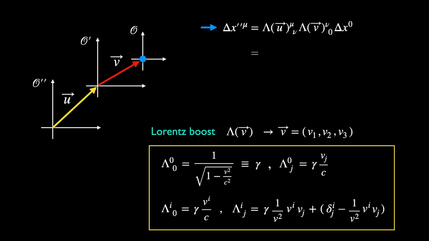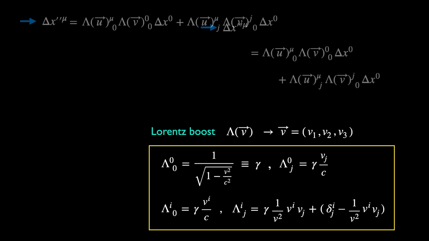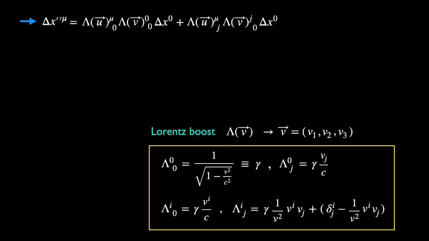Expanding out the sum over nu into time and space components. The velocity of O relative to O double prime is simply given by W.